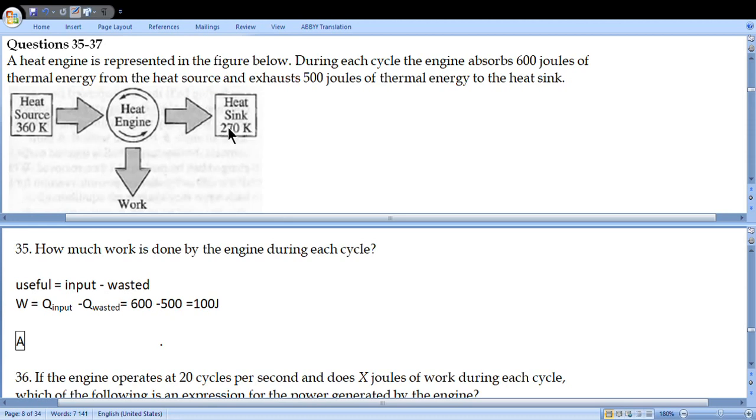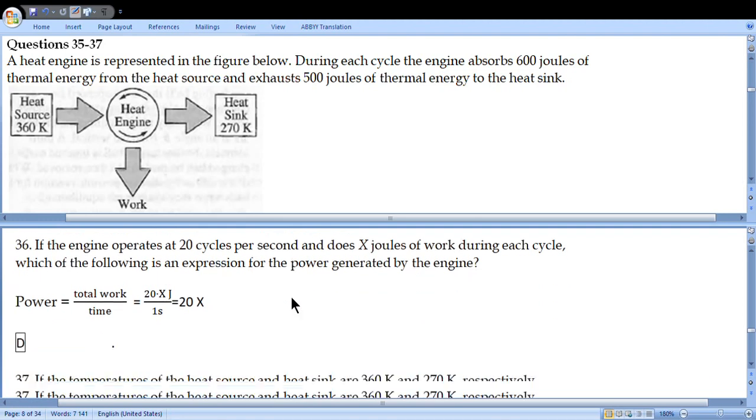Here we have temperatures, but in the text we have energies. How much work is done by the engine during each cycle? So useful energy equals input minus wasted. Input energy is 600 joules and wasted, or given to the heat sink, is 500. So 100 joules appears to be the useful energy.